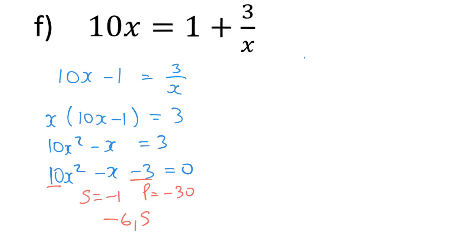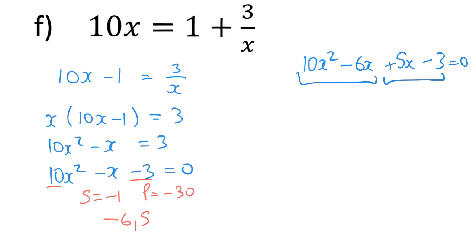So for 4 terms, 10x squared, we replace the minus x with minus 6x and 5x, so it's minus 6x plus 5x minus 3. Split them into their pairs and do simple factorising. What's common between 10x squared and minus 6x? That's a 2x. And we'll have 5x minus 3.